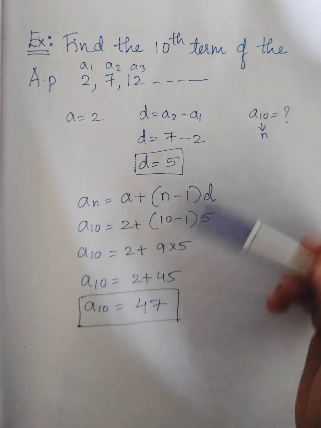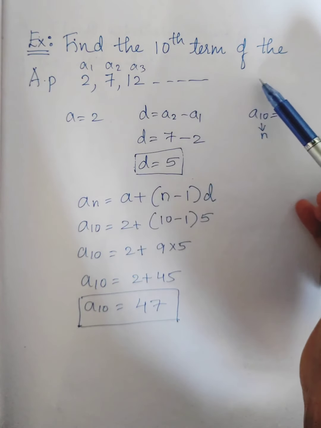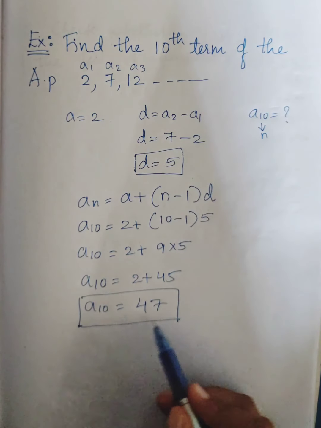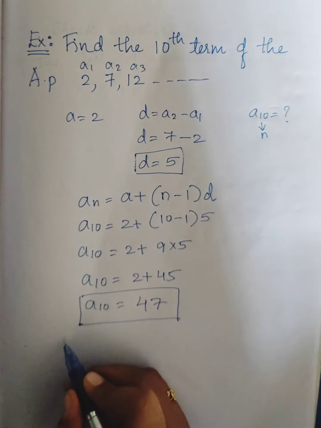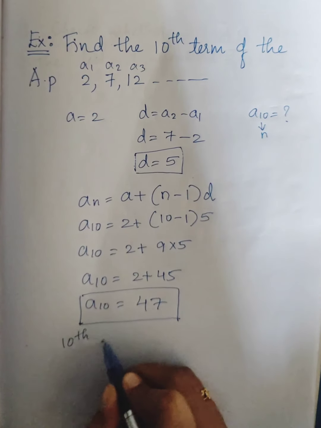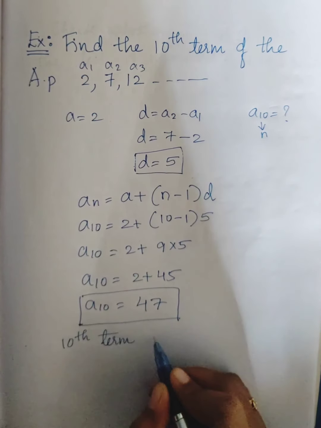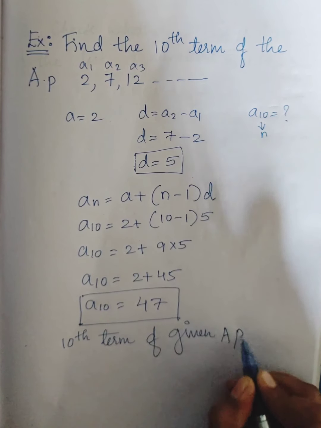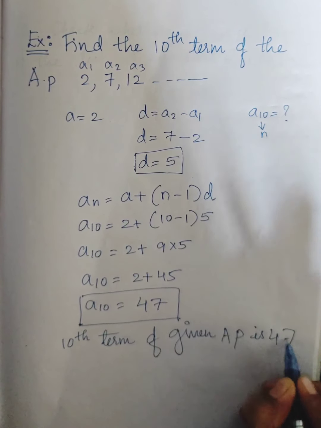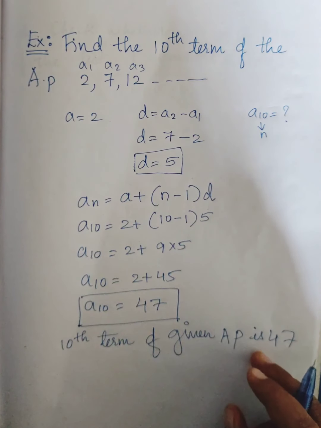Now you can make out the 10th term will be 47. We can write it as the 10th term of the given AP is 47.